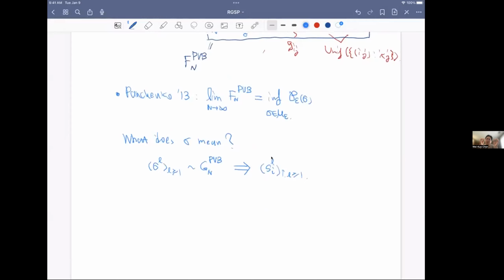If you permute any finitely many rows and finitely many columns, you still get the same distribution. So you have exchangeability in the two coordinates. This is exchangeable.